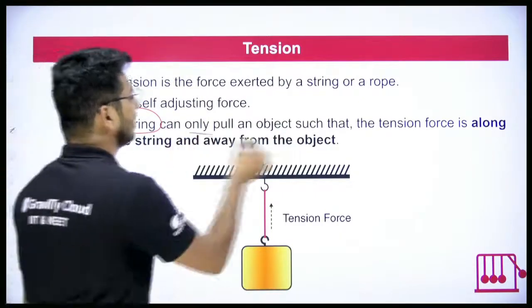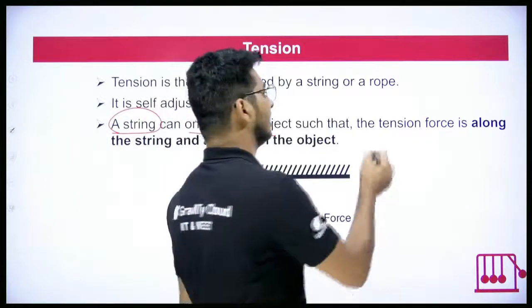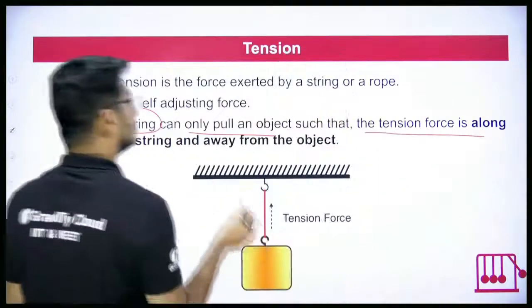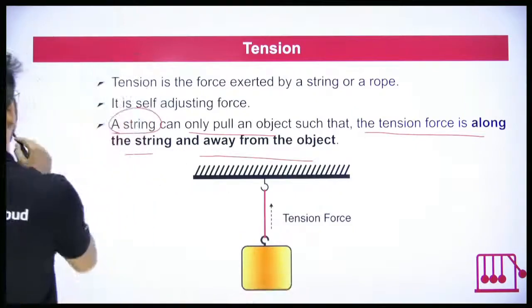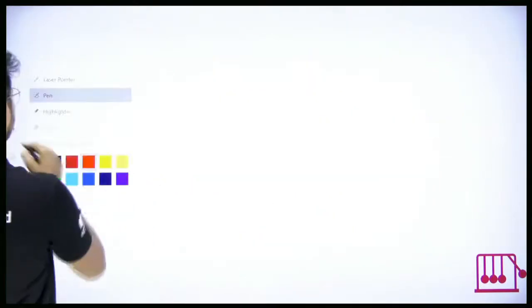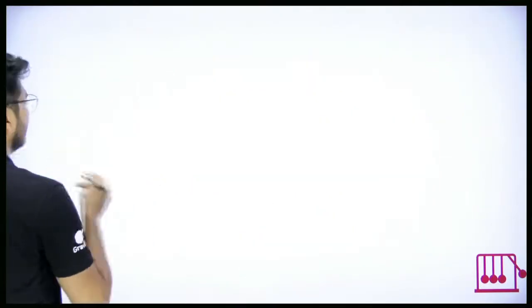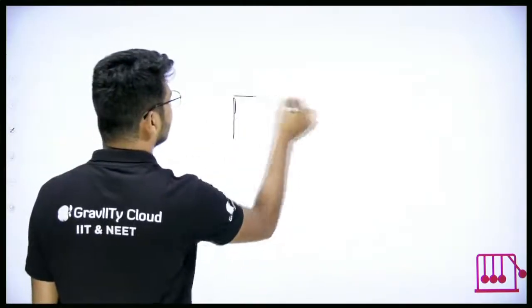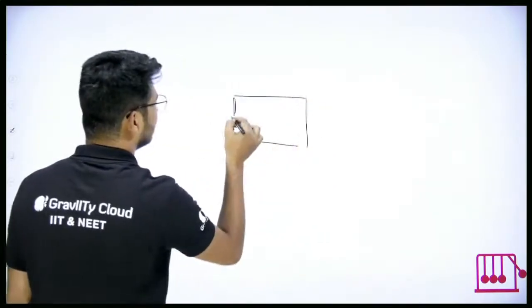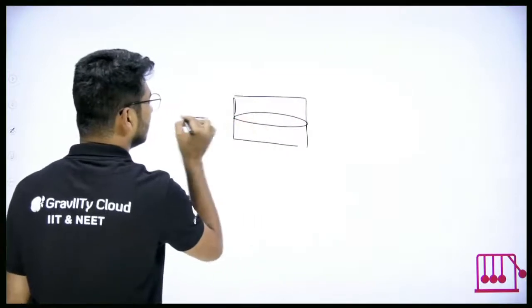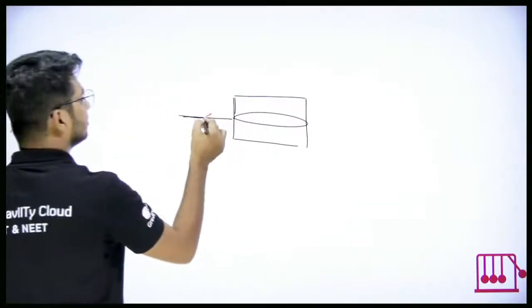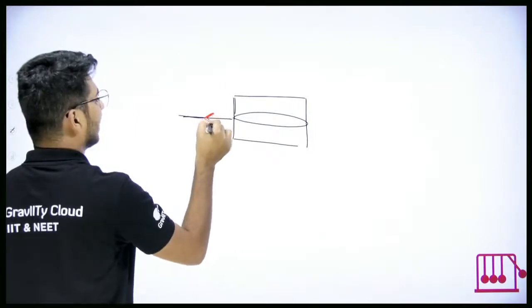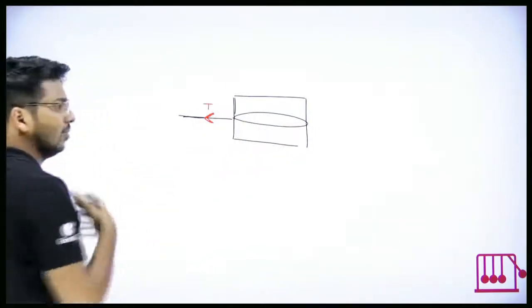A string can only pull an object such that the tension force is along the string and away from the object. So here, if this is the object, let's say it is tied to a string. Now how will the string apply force? The string can only pull the box.